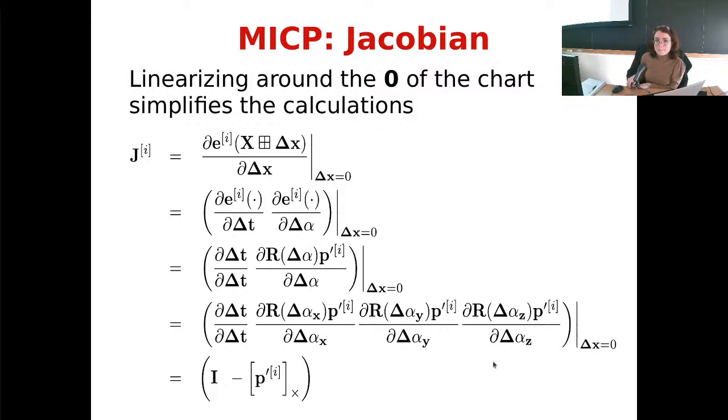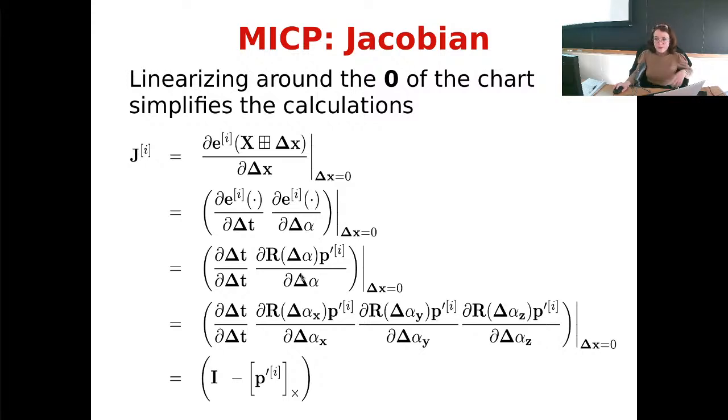So those are Rx, Ry, and Rz, not all the others. It's an Rx delta alpha x, if you want to see. So the question is, these three here are Rx, Ry, and Rz, and not only R. And the answer is yes.